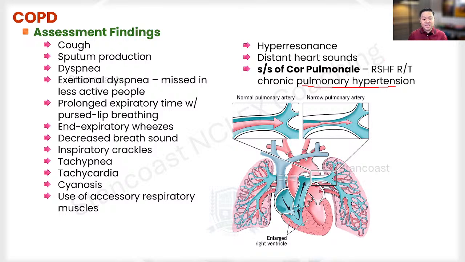So with the backflow of the blood, with the increasing pressure in that area, this can now cause issues in the liver itself, and this will lead to ascites. So there will be enlargement of the belly due to the presence of fluid inside the peritoneal space. There's also going to be enlargement of the liver.